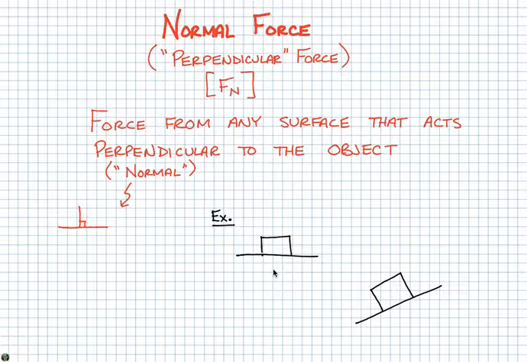So if we take a look at the normal force acting on this object right here, it's the force from this surface, the table, that acts perpendicular. So the normal force would act perpendicular in this direction. And if I extend this line down just to show you, you should be able to see that that is perpendicular to the surface. Normal force just acts perpendicular to the surface. It does not matter about the orientation of that surface.